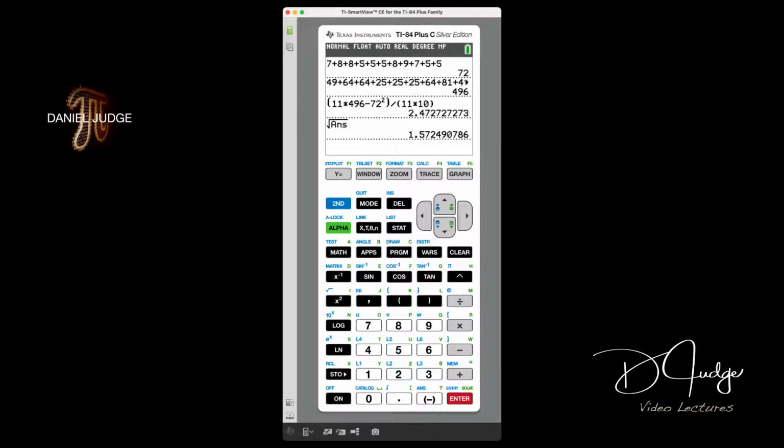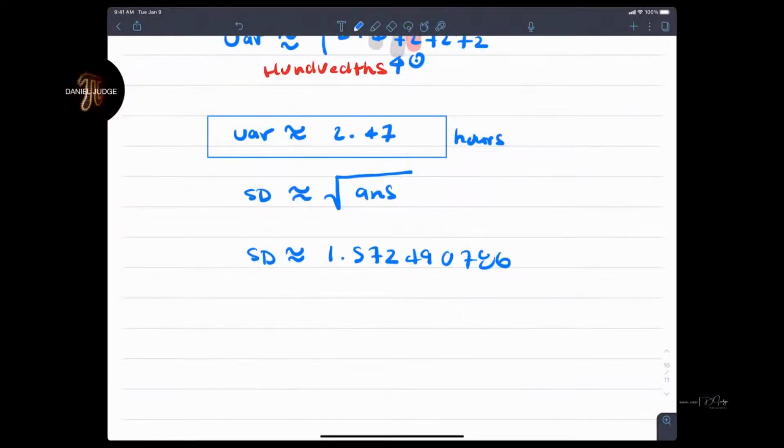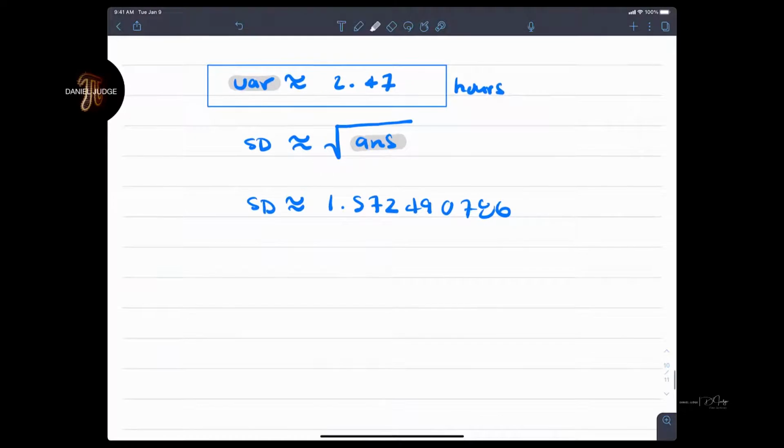So I have 1.572490786. And if I go to the TI, remember prior answer is really the variance right here. But we're going to approximate this answer to the hundredths.